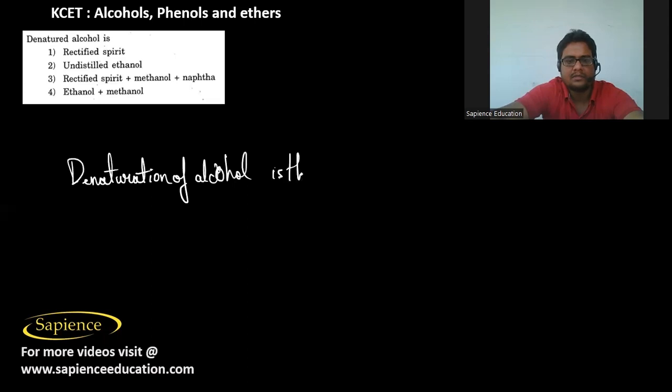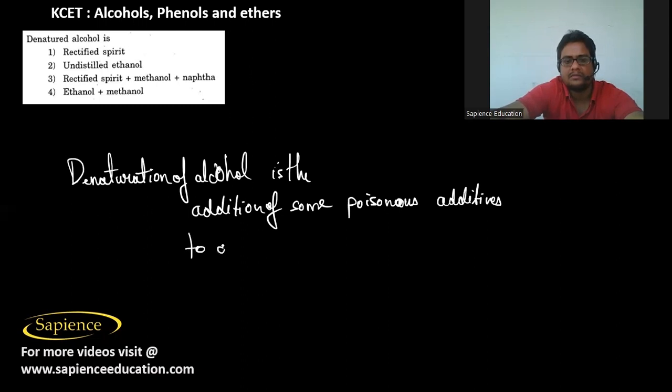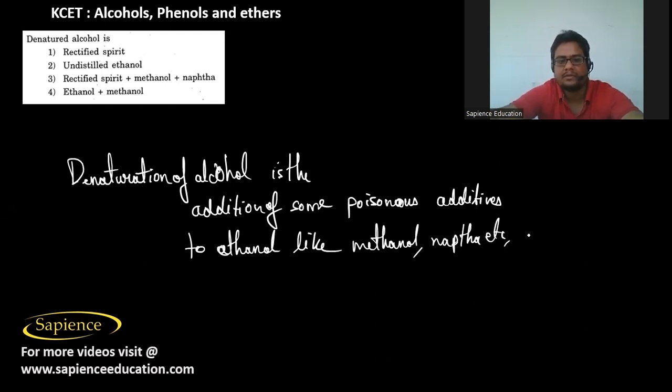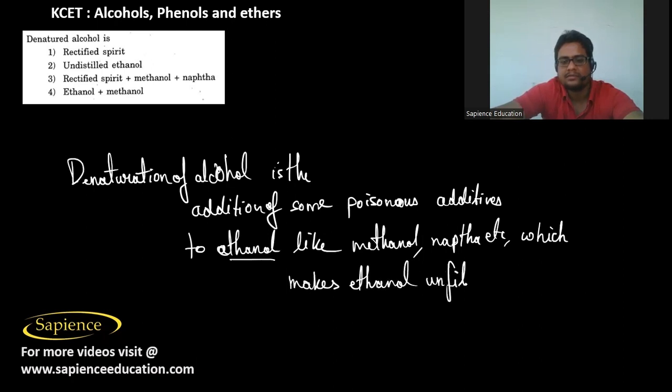Denaturation of alcohol is the addition of some poisonous additives to ethanol, like methanol, naphtha, etc., which makes the ethanol unfit for consumption.